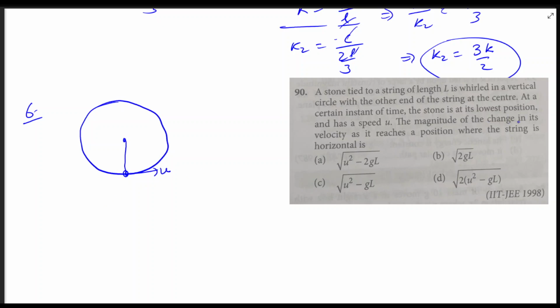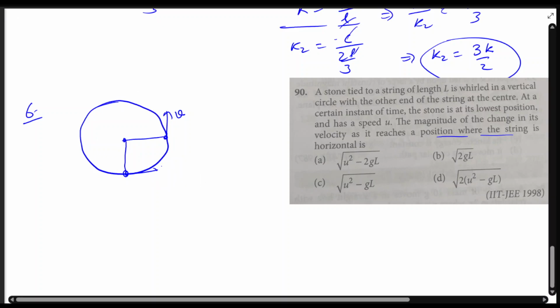Perfect. The magnitude of change in its velocity when it reaches a point where the string is horizontal. So here, let's say this has v and this has v naught. Okay, so let's use energy conservation.